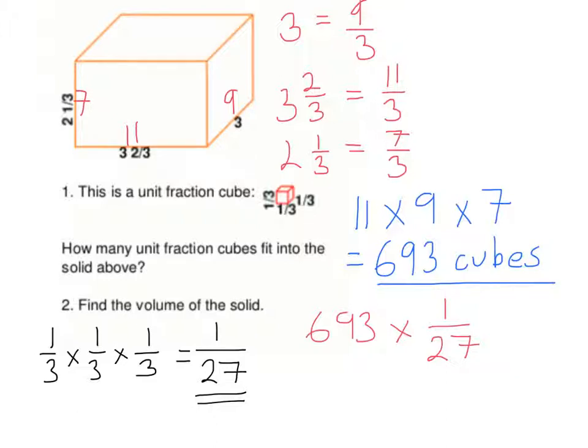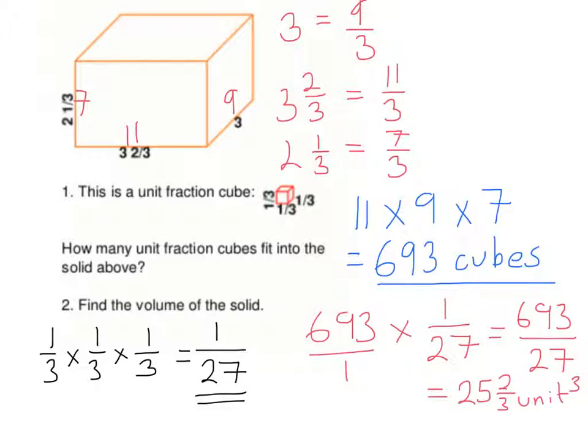And remember, it's effectively just the same as doing 693 divided by 27. Simplifying that down, we need to use our calculator for that one. We get 25 2/3, and that's in cubic units.